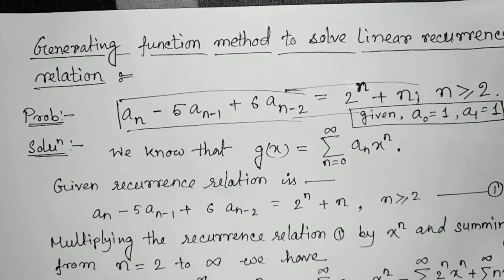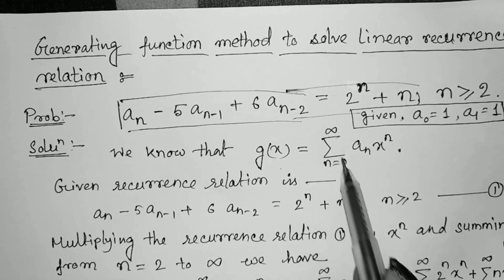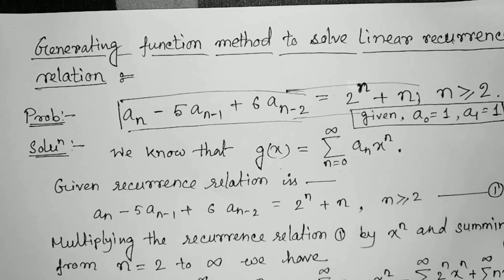Here it is a_n minus 5a_{n-1} plus 6a_{n-2} equals 2^n plus n, where n is greater or equal to 2, and it is given that a0 equals 1 and a1 equals 1. If you want to solve it, then initially we know that g(x) equals summation of n equals 0 to infinity a_n x^n.